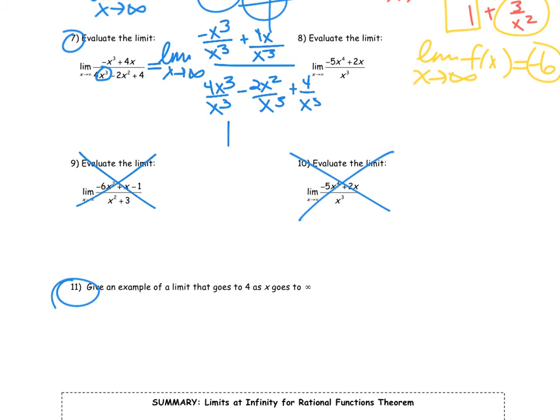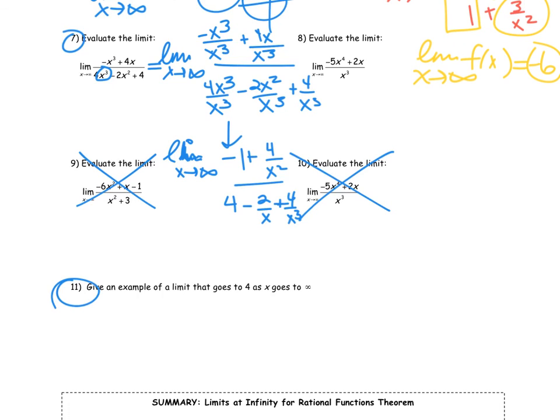Going to simplify this. So I have the limit, sorry for my handwriting here, as x approaches infinity of negative 1 plus 4 over x squared, all over 4 minus 2 over x plus 4 over x cubed.